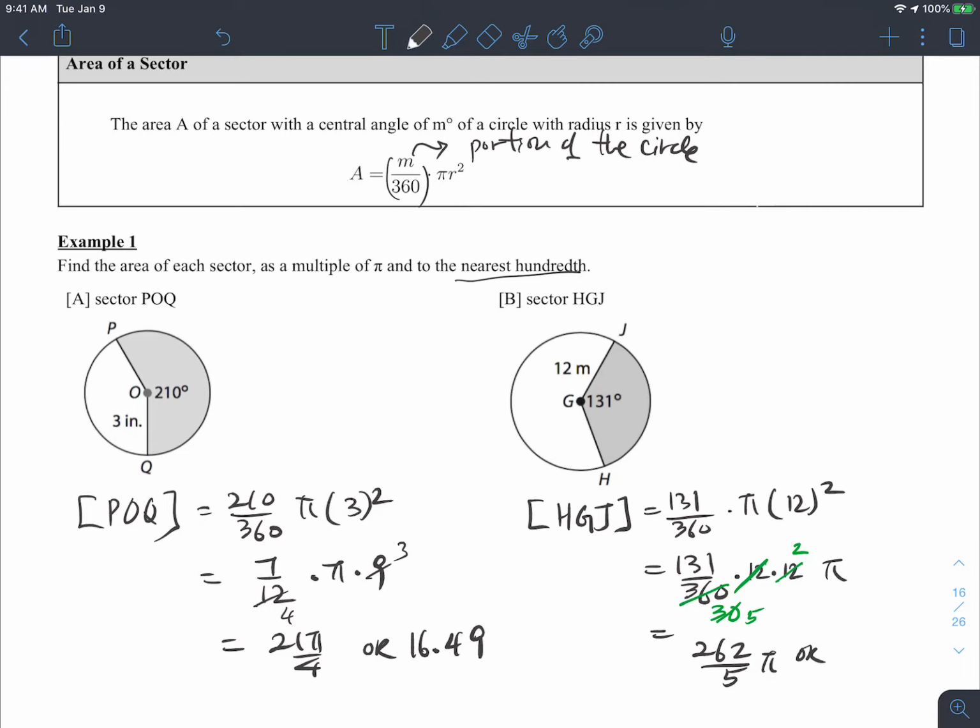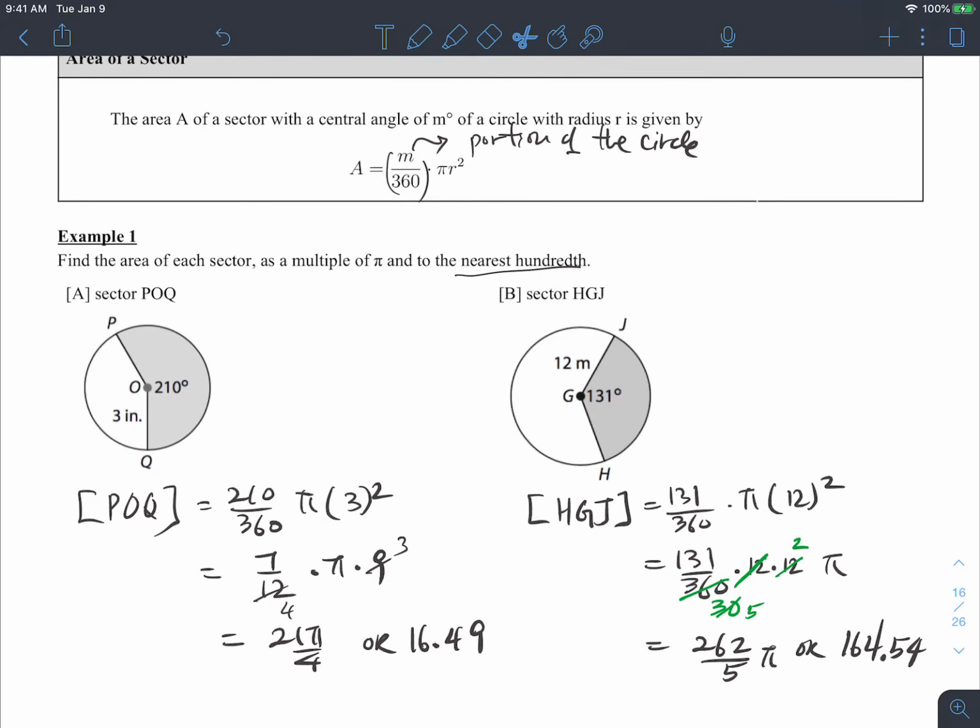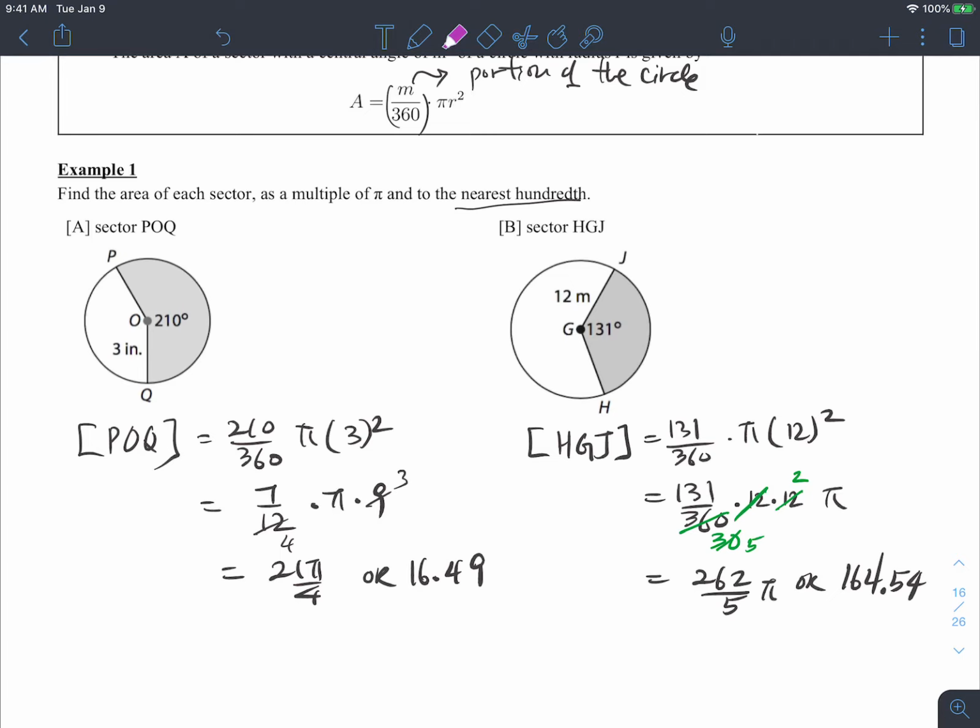Or put that in a calculator. I believe that should come out to 164.54. Okay, guys? So the portions that I want to see on a test are this or this. It really depends on how I phrase it. If it's on a written exam, most likely I'll be asking for this.